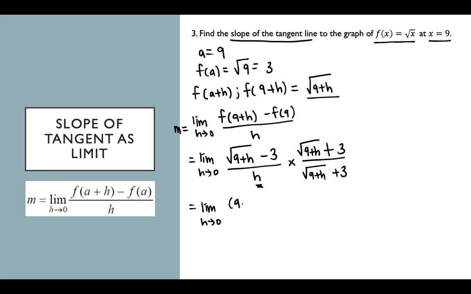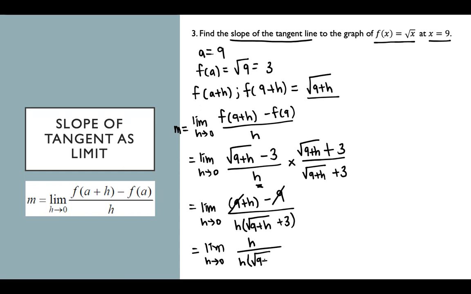So it's going to be 9 plus h minus 3 times 3 is 9, and then h bracket. So instead of doing the distributive property, I'm going to keep it this way. And you'll notice that 9 and 9 cancel out. So limit h approaches 0, h over h bracket square root of 9 plus h plus 3.